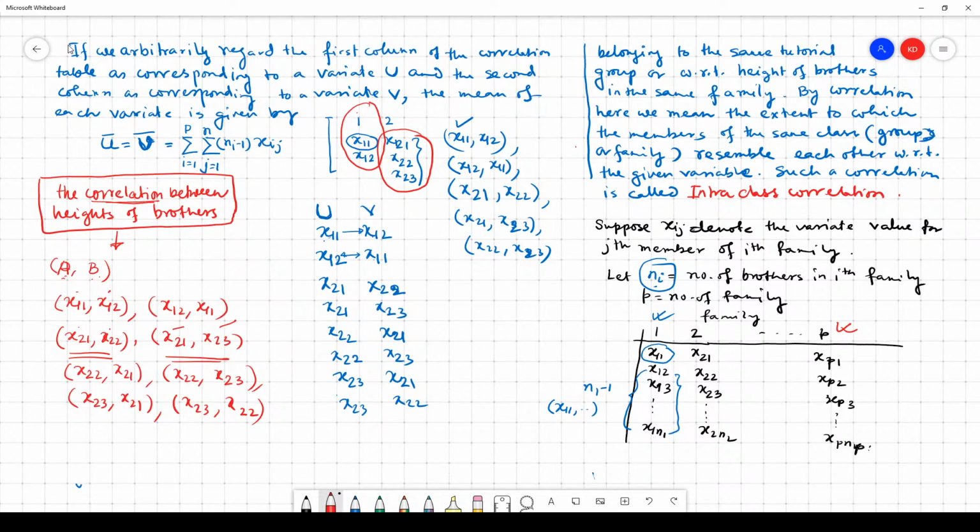It is better to write this sentence: if there are ni brothers in the family, there will be ni into ni minus 1 pairs.